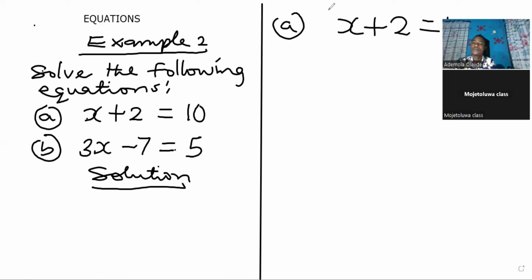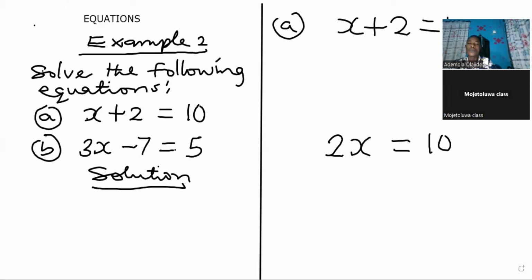In the previous one, you would have had something like 2x equals 10.